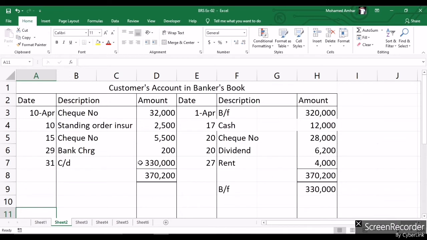So we can't see that on the debit side of the customer's account maintained by the bank. Right.